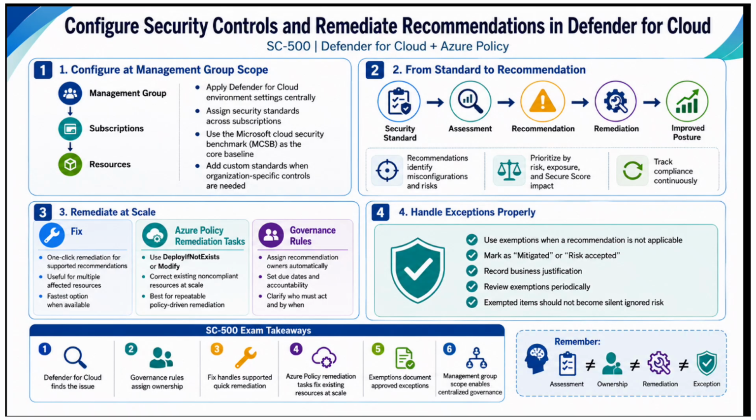Security teams can prioritize these recommendations based on risk, exposure, business importance, and potential impact on secure score. After remediation, Defender for Cloud reassesses the resource to determine whether the security posture has improved.